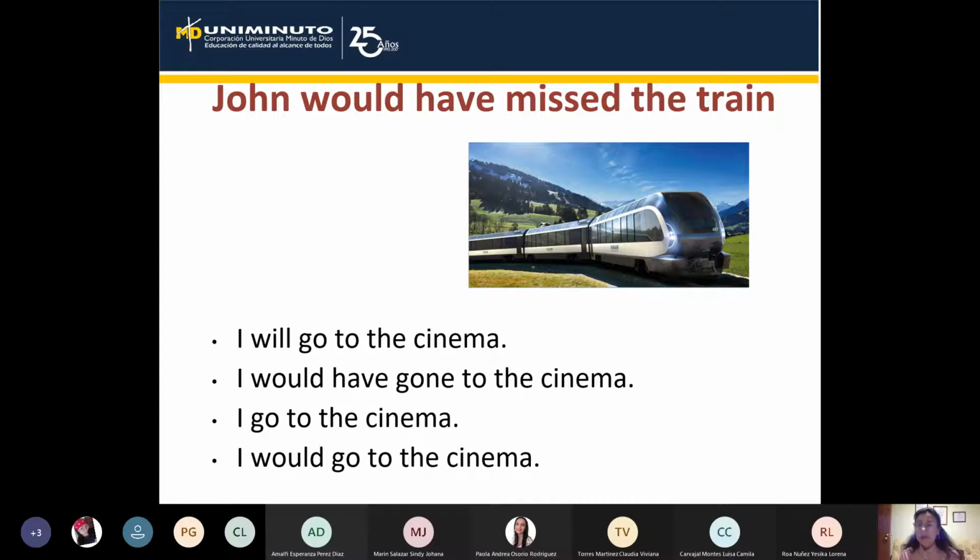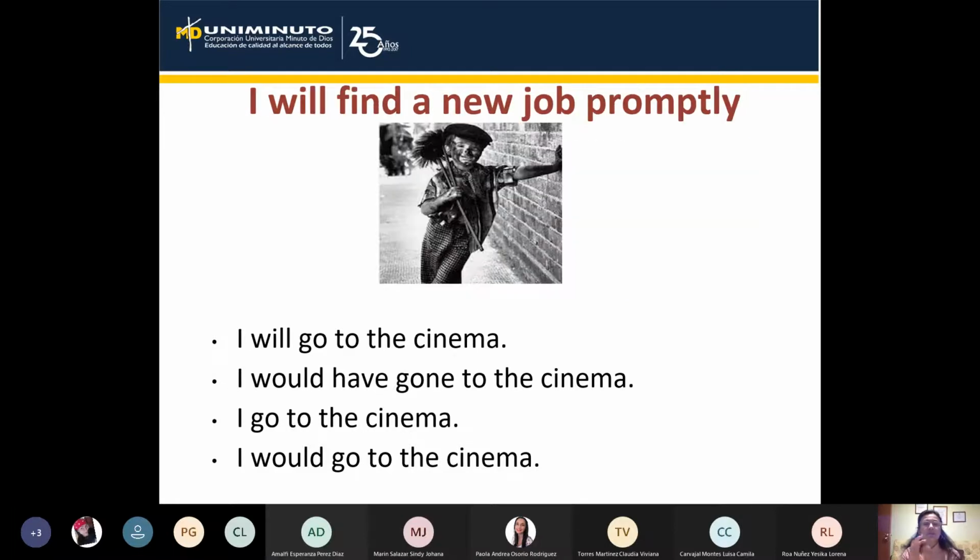Second, now think about this second conditional sentence. Here we have the result. Aquí tenemos como el resultado. Entonces tenemos que buscar el if. John would have missed the train. Wait a minute, this is not a good example. This one. I will find a new job promptly. What is the if?